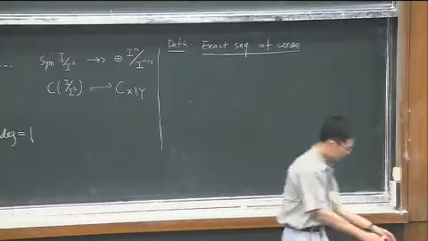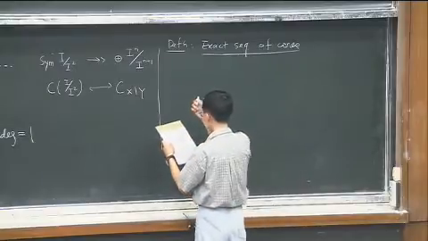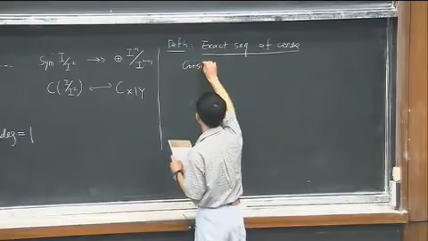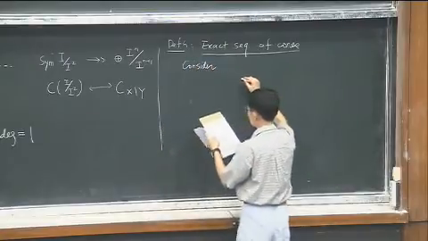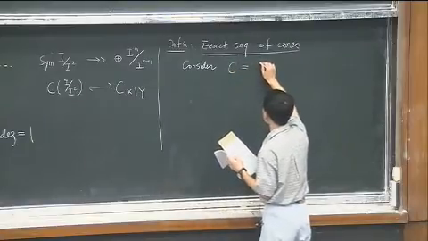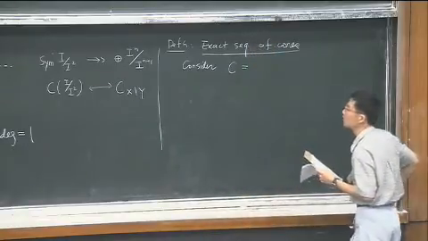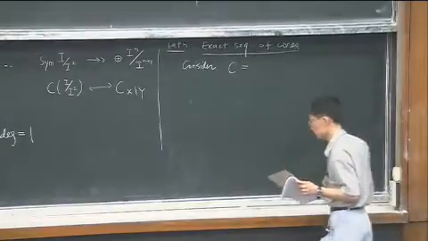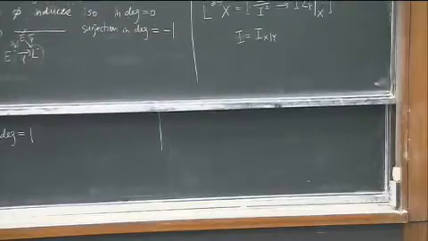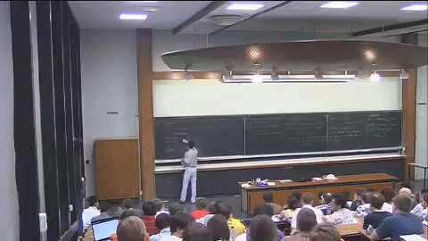Exact sequence of cones has to come from two cones and one vector bundle.